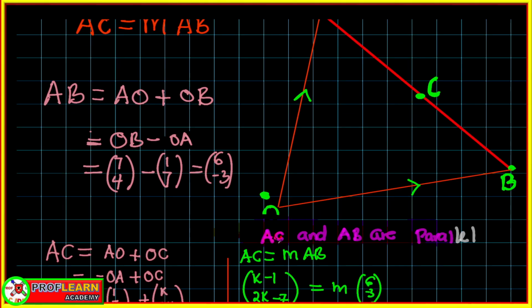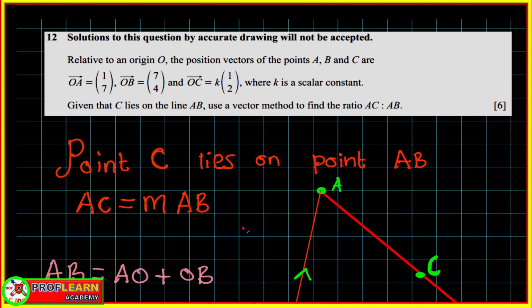And you see I'm saying AC and AB are parallel. You have to put that into consideration, because C is lying along AB. Now point C lies on line AB, so AC equals m times AB. If C lies between A and B, then AC is a given number times AB.